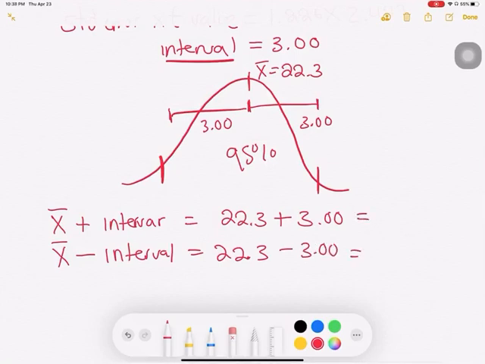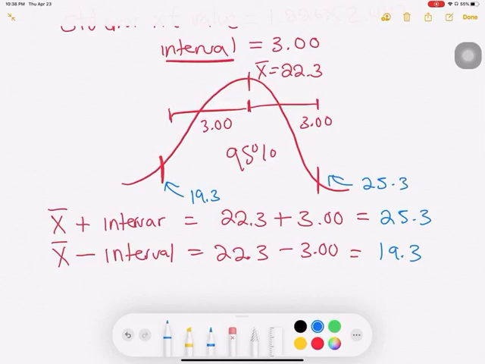And this is going to be my confidence interval. Once you do the math, the first addition is 25.3. And then the subtraction is 19.3. So these lines over here fall at 19.3 and 25.3.